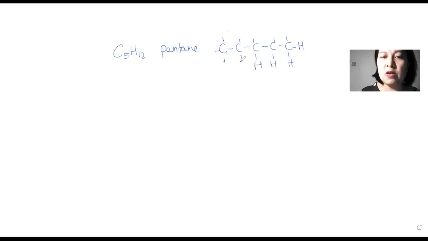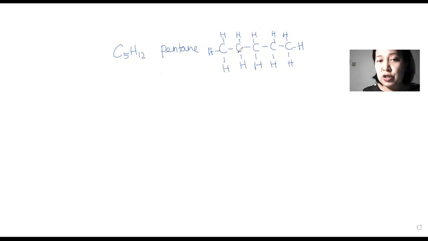It is related to the valence electrons of the carbon, which is 4. Okay, like that.